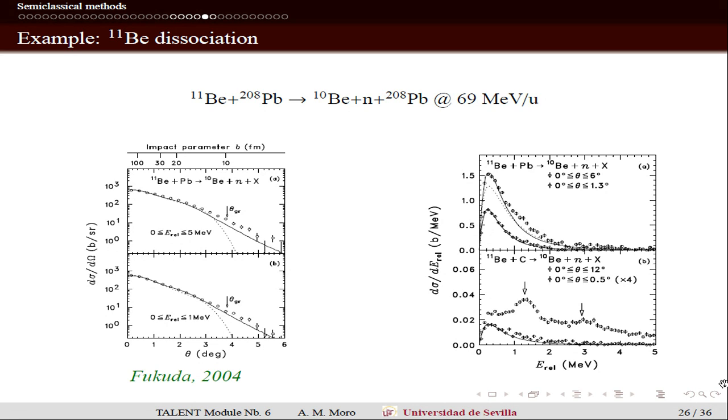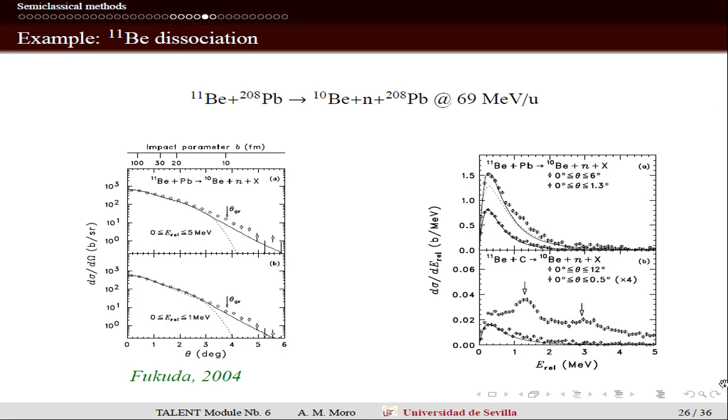This is not a simple experiment because in order to obtain these quantities that we have been discussing, this energy distribution, you need to measure in the final state. So you are breaking the beryllium-11, you have to measure the beryllium-10, but you have to measure also the neutron. So you need to measure the energy and the angle of the scattered neutron.